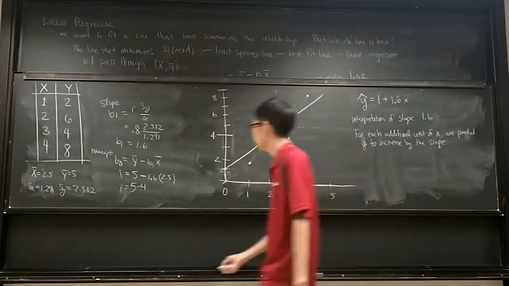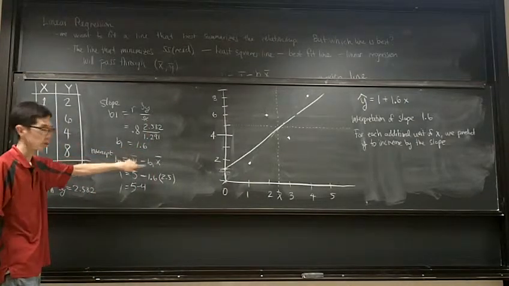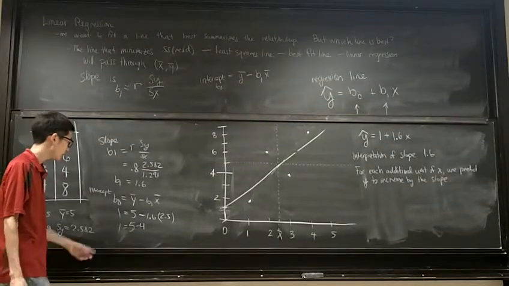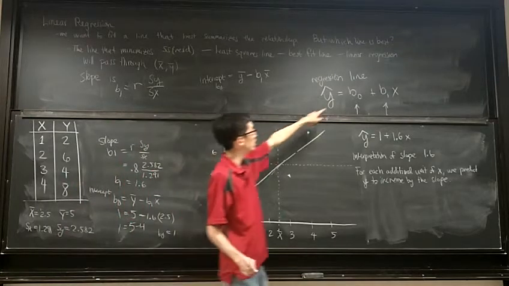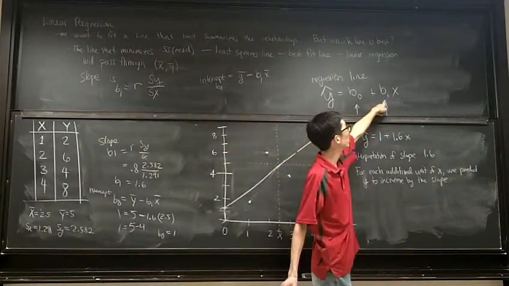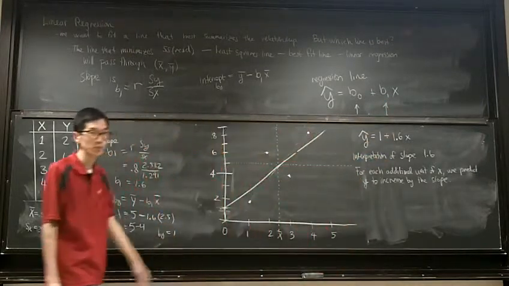Here I got my intercept b0 to be 1 and b1 to be 1.6. I'm just putting b0, which is 1, and b1, which is 1.6, into my regression equation. And so I get overall y hat equals 1 plus 1.6x.